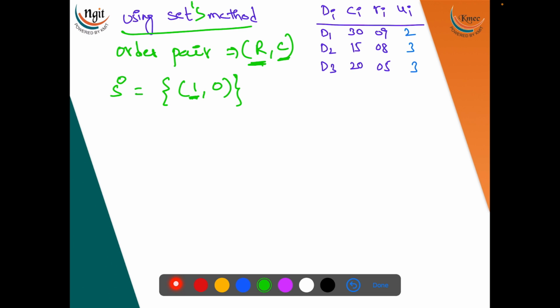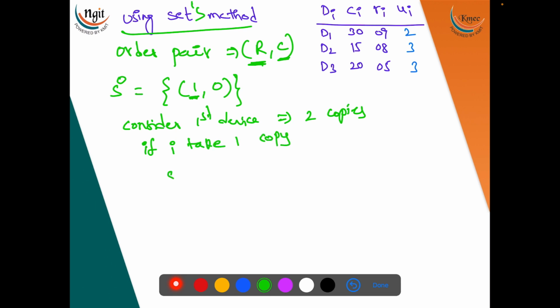Now I am considering the first device. I have the possibility of 2 copies. If I take the first copy, then S1 is equal to, what is the reliability factor of the first copy? 0.9.